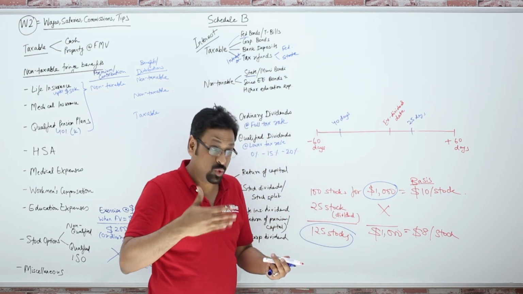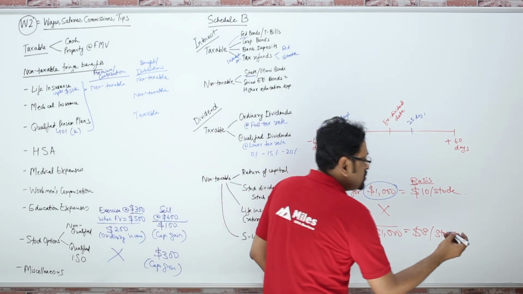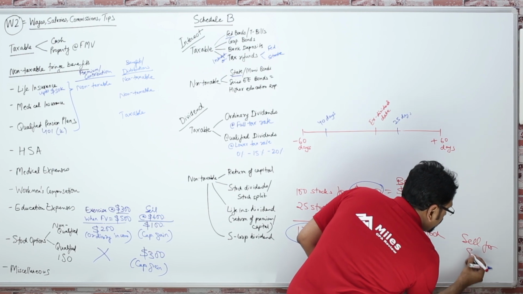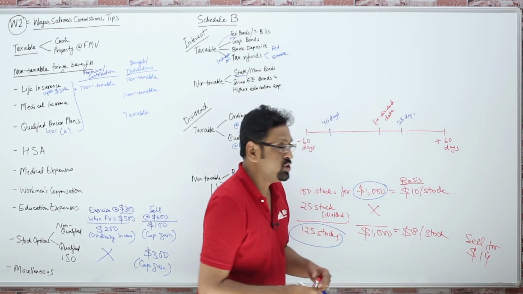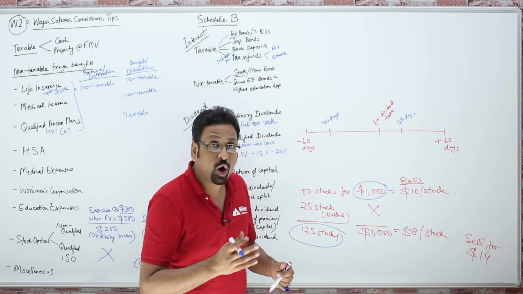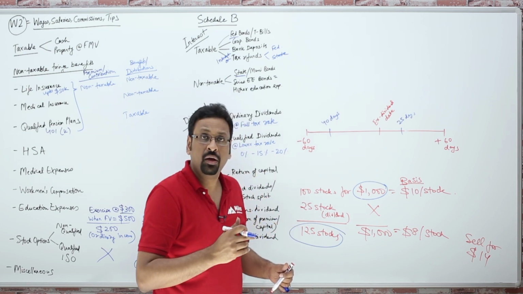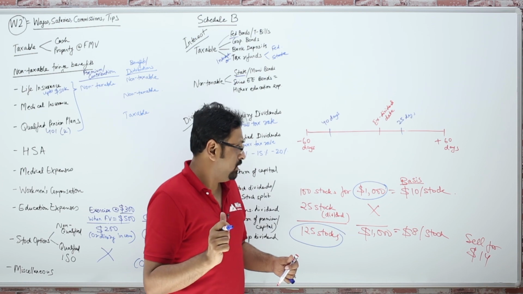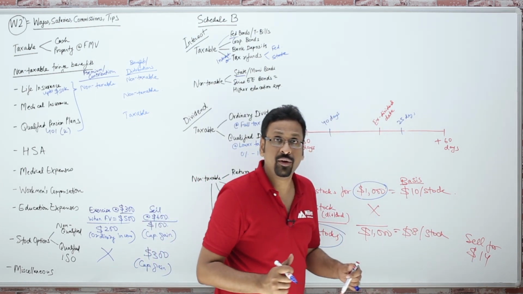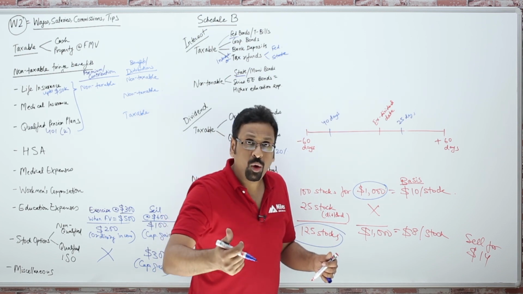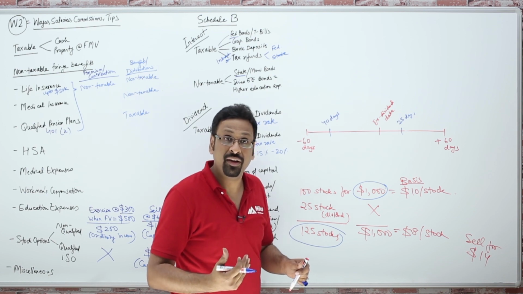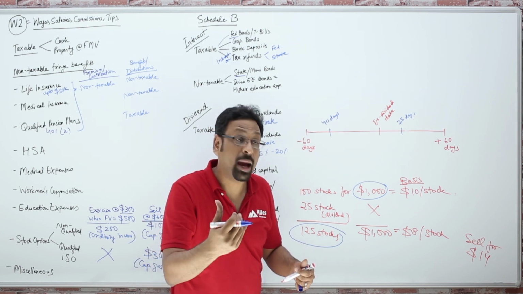Let's say what happens when you sell the stock. Let's say you sell the stock for $14 each. Now, if you had sold the stock before the stock dividend, your capital gain on each stock would have been 14 minus 10, $4. But now, if you sell the stock after the stock dividend, you will have higher capital gains.